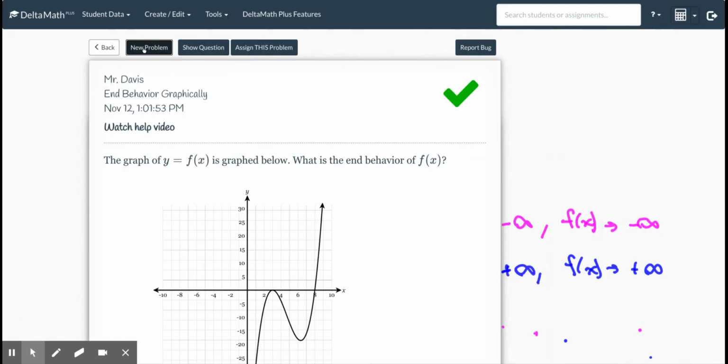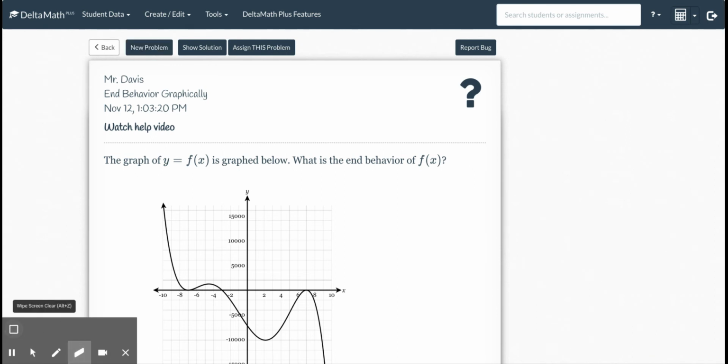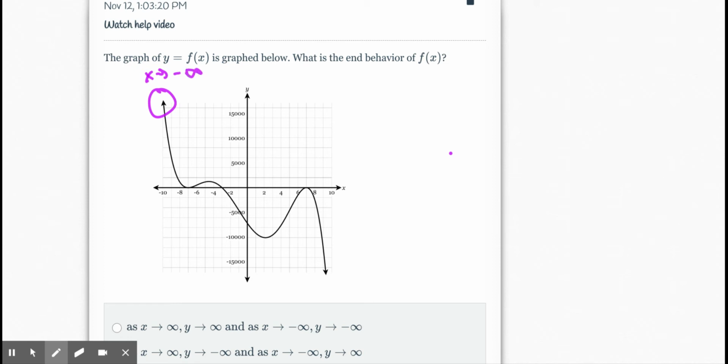All right, so that is that. So sometimes they might go the same way, sometimes they might go opposite ways, but you'll definitely get the hang of it as you do some of these. So really you're just looking at sort of the two ends of the function. The left end, this tells you what's going to happen as x goes to negative infinity. Is the function going up to positive infinity or going down?